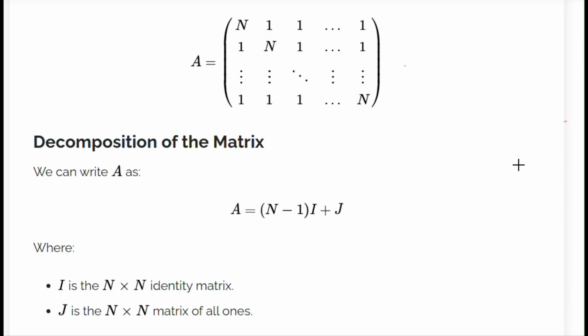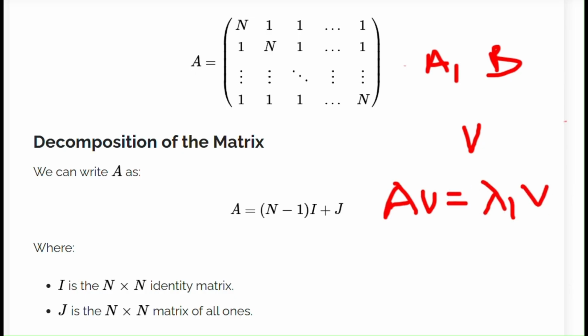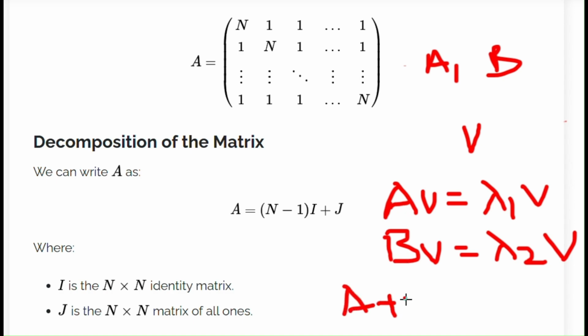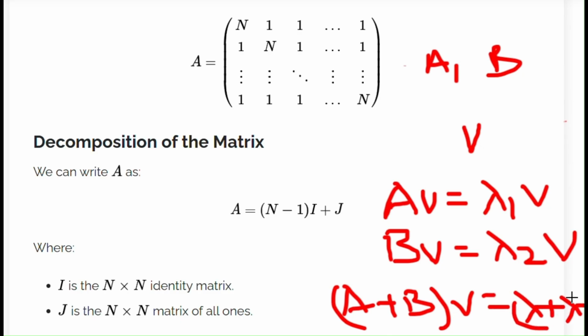The other thing to remember is, if we have two matrices A and B that have a common eigenvector, let's say V, we can write AV equals lambda 1 V, and BV equals lambda 2 V. Now let's add these together: (A plus B) V equals (lambda 1 plus lambda 2) times V. What's this telling us?